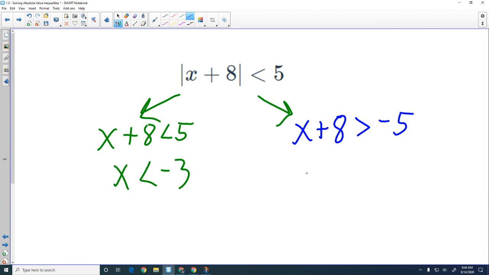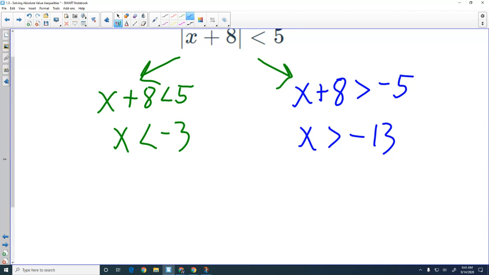On the right, x is greater than negative 13. So these are our two answers. x has to be less than negative 3, and x has to be greater than negative 13. So how do we write this? Because I have to type this into Delta Math, and I can't type it like this.